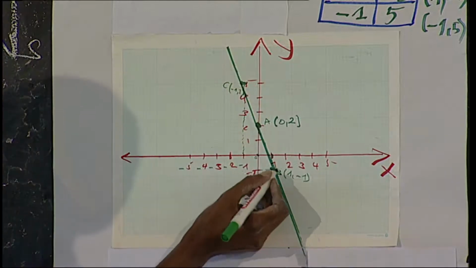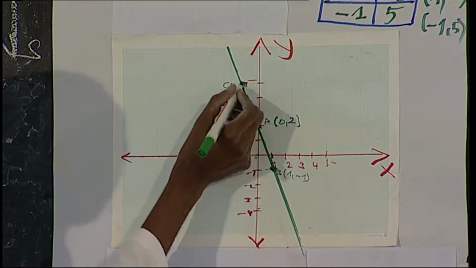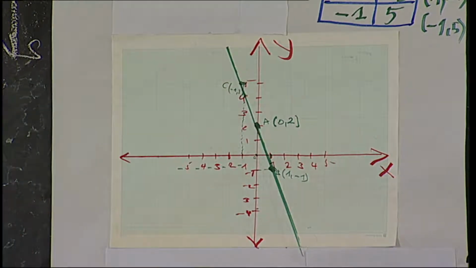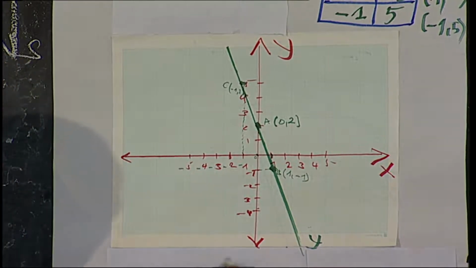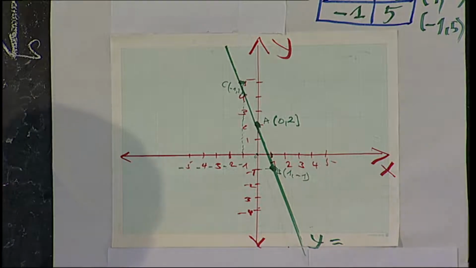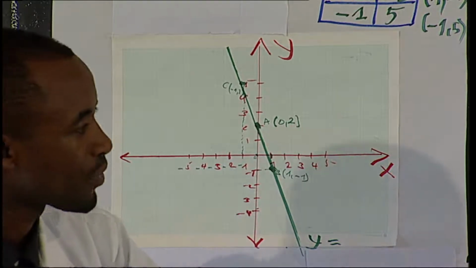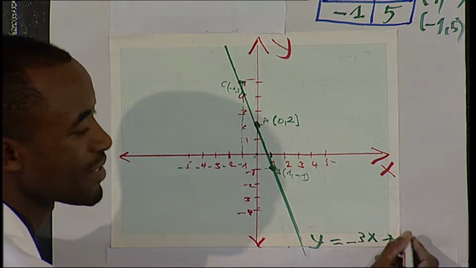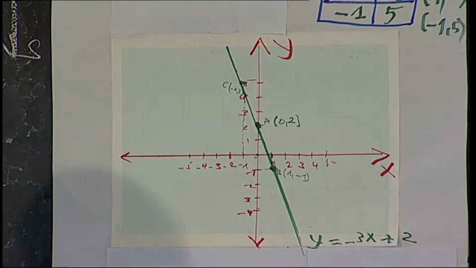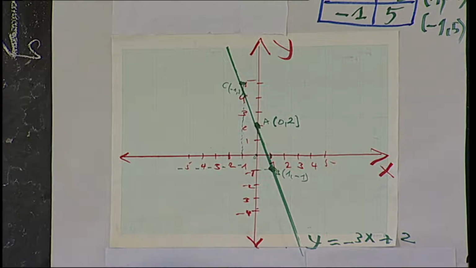This is our line passing through those points. This is the line of the equation we were looking for. Our equation was -3x plus 2.